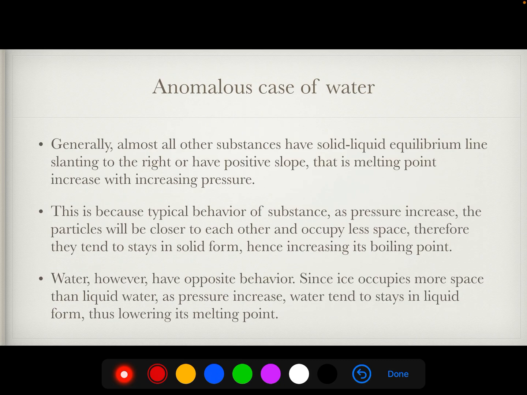So the open hexagonal structure of ice requires more space than liquid water. Therefore, as pressure increases, water tends to stay in liquid form because the liquid form will occupy less space, instead of being solid, because ice, or solid water, will occupy more space, which is not compact.